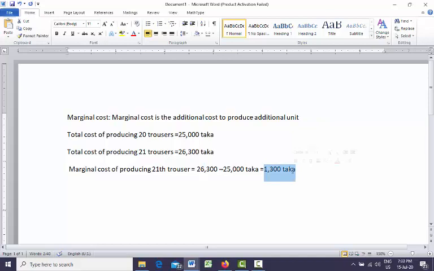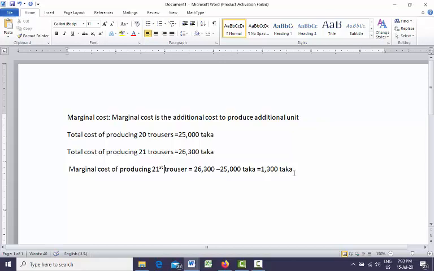So that's the marginal cost of producing the 21st trouser.